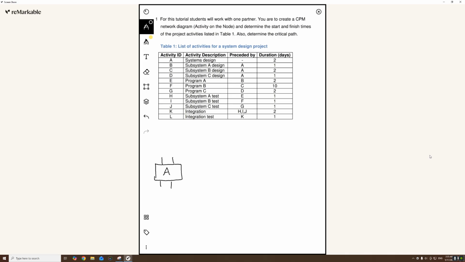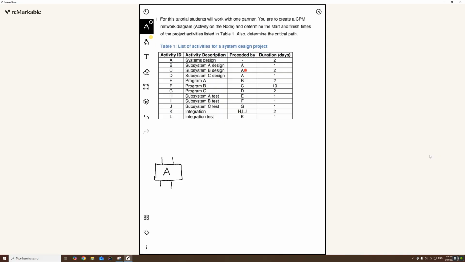From here, what I do is I look to group every activity that is preceded by A. You can see we have 3 here. Activities B, C, and D all require A to be completed for them to start.